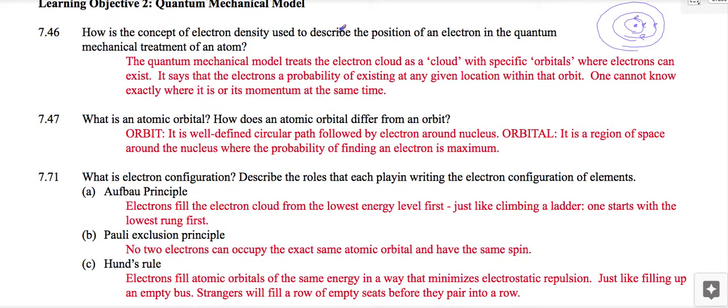How does the concept of electron density describe the quantum mechanical position of an electron and the quantum mechanical treatment of an atom? We use orbitals. These orbitals represent an area of electron probability. And we cannot know, so this is what's called the Heisenberg uncertainty principle. We cannot know an electron's momentum and location at the exact same time.